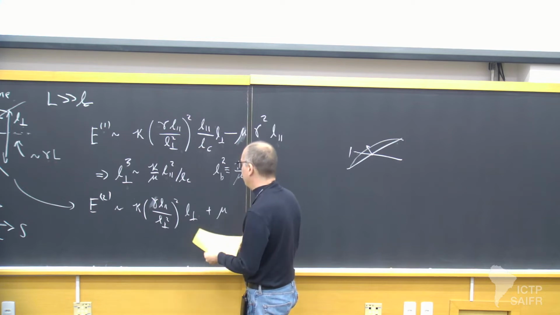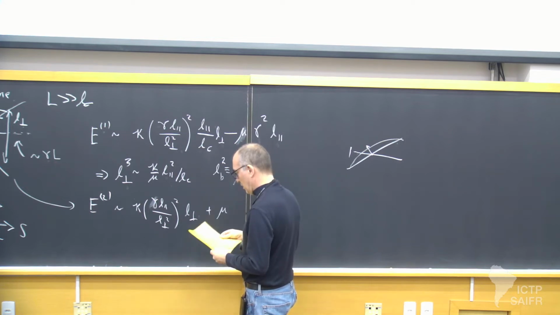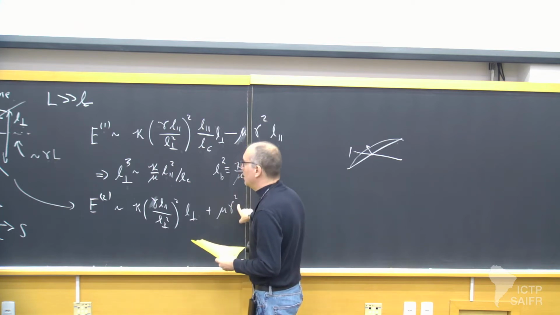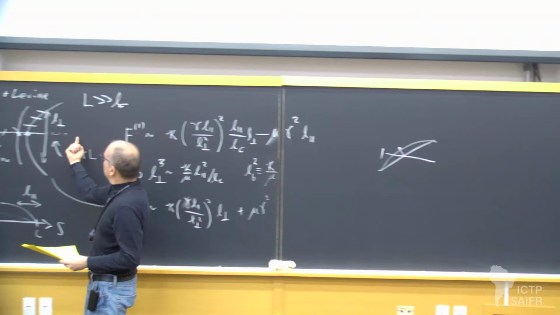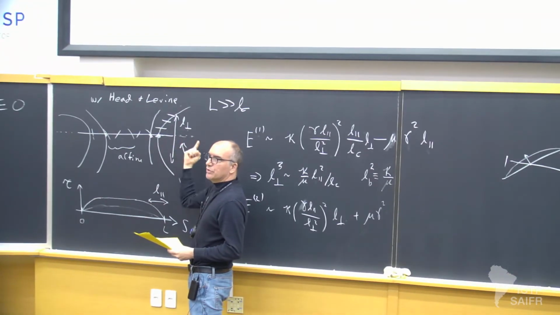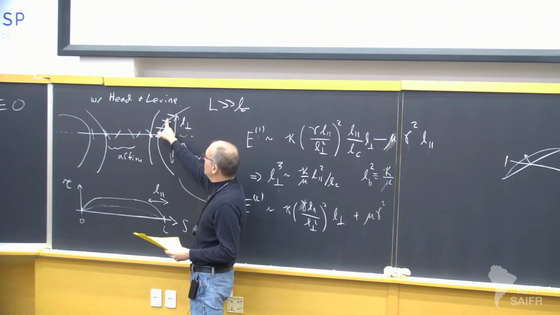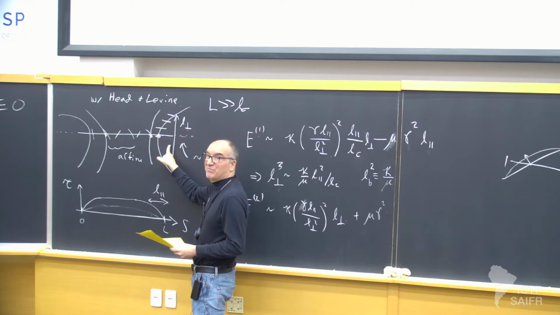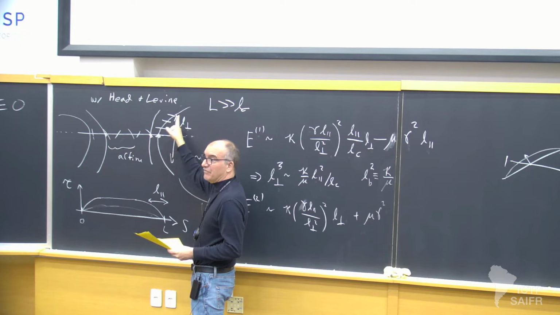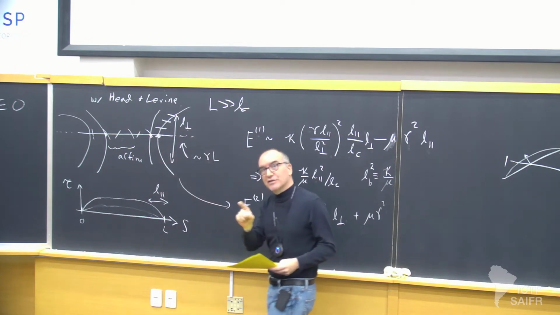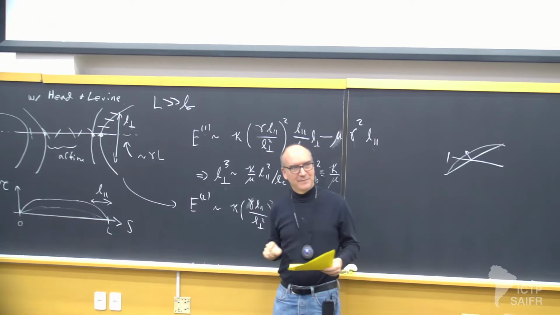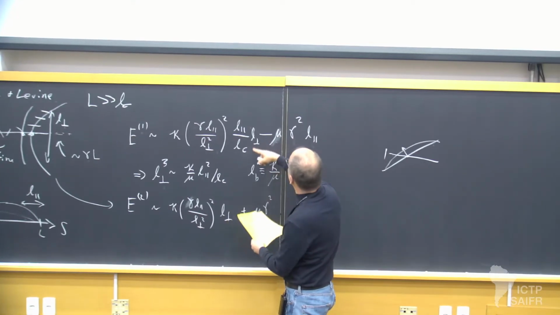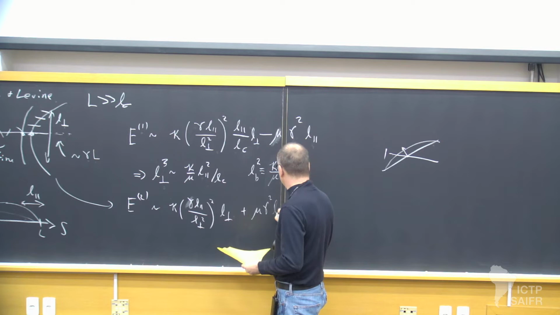And then there's another energy, which is going to be of this order. So mu gamma squared, I argued, told me the sort of longitudinal strain in this fiber. These fibers laterally on the sides of this fiber also get compressed about that much in order to allow for this bend. In 2 dimensions. In 3 dimensions, they don't have to. That's an important observation. And so I get basically a term very similar to this.